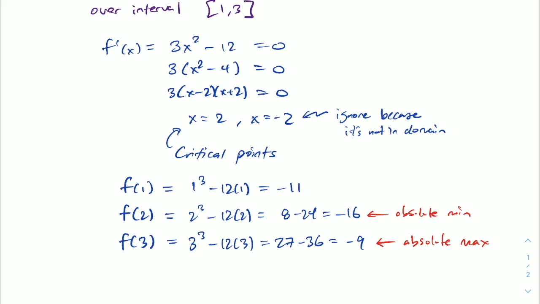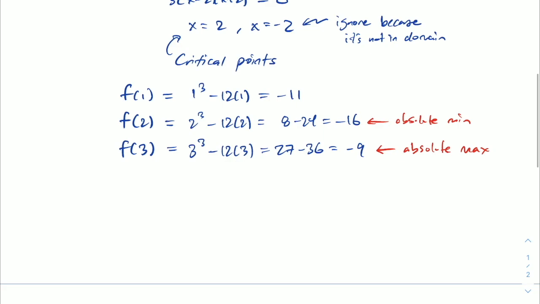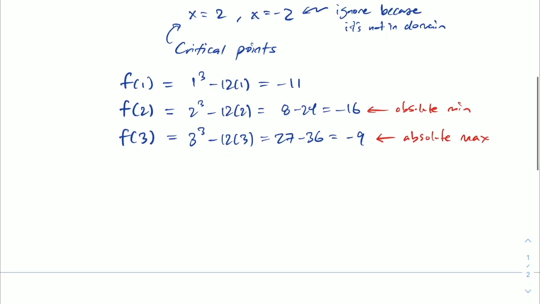If we draw a picture of this function, we can see why this is the absolute max and absolute min. So our cubic function looks like this. And it outputs at 2, negative 16.